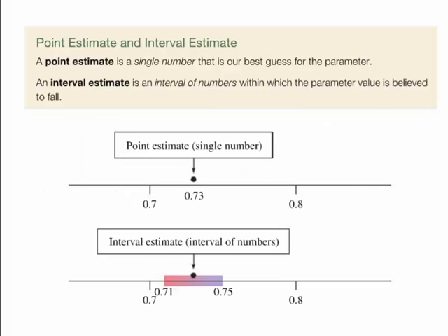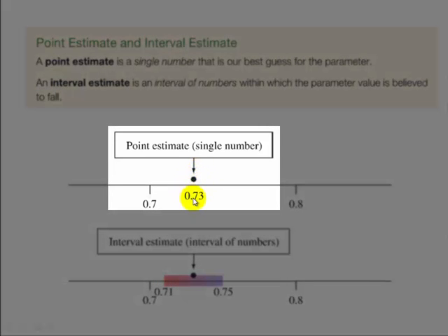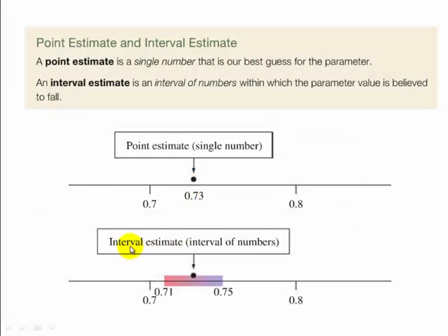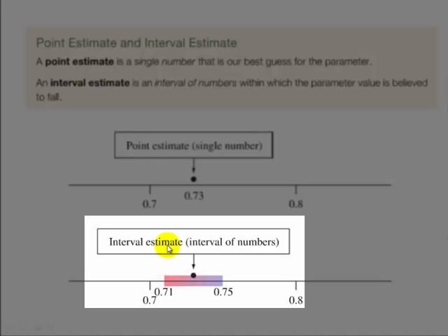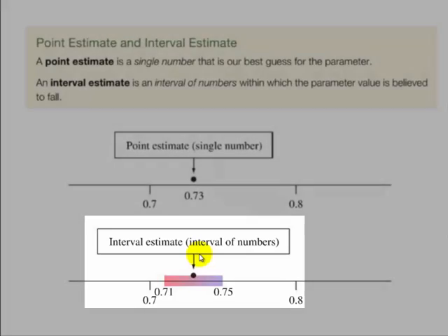Let's look at a visual. Here's a point estimate, p hat, 0.73, and this is our best guess for the parameter. Now, an interval estimate, which is the same thing as a confidence interval, is a range of numbers that we believe the true population parameter falls within.